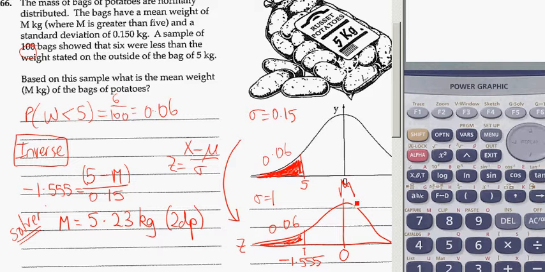And go back to your graph and just check that it looks like the mean could be 5.23. You could of course check by going right through the whole process.